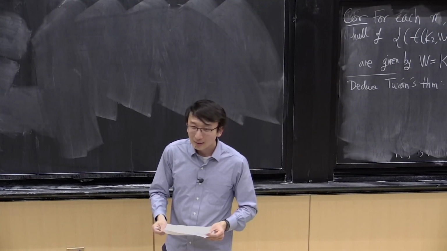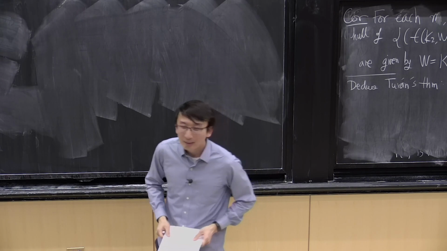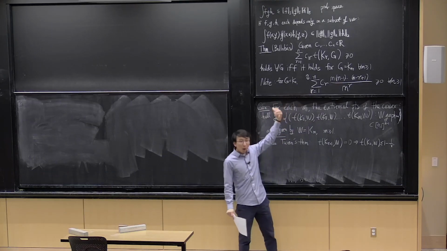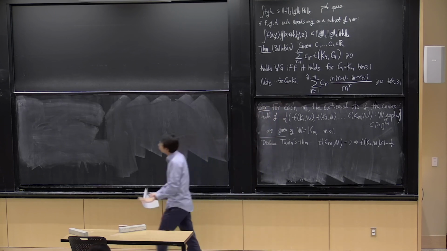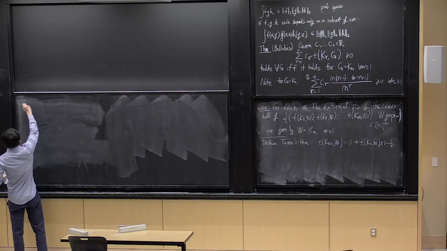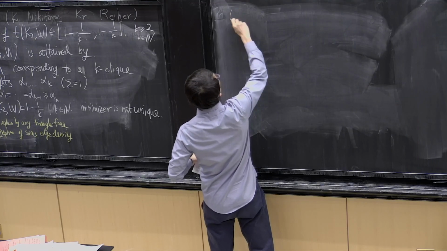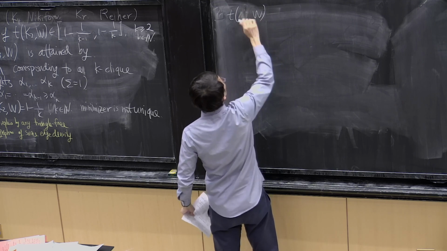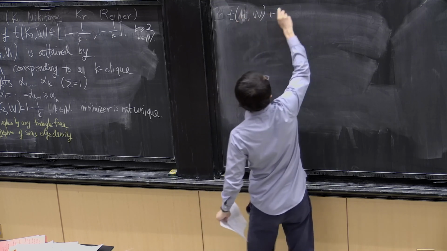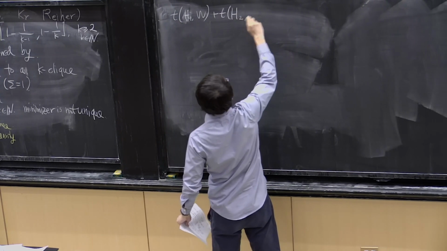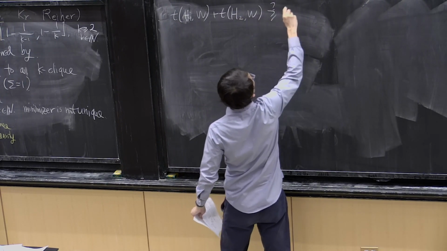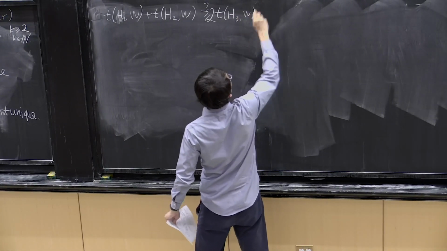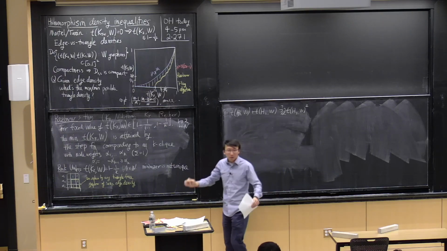Okay, questions? So on one hand, every polynomial graph inequality. What I mean by polynomial graph inequality is something like, suppose I have some inequality of this form, and I want to know, is this true?